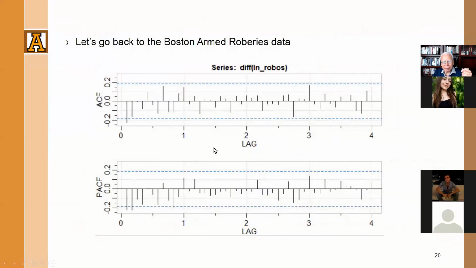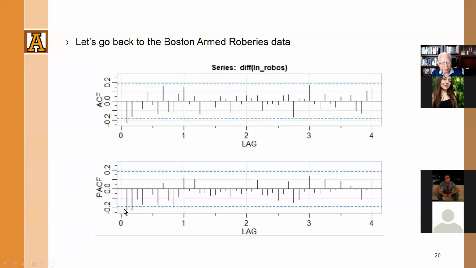Now let's go back to the armed robberies data. This is the ACF. We saw a significant lag here, and then the PACF has essentially two significant lags apparently there. So this could be what we mentioned earlier, an ARMA 1,0,1: one moving average term because of this significant ACF here.